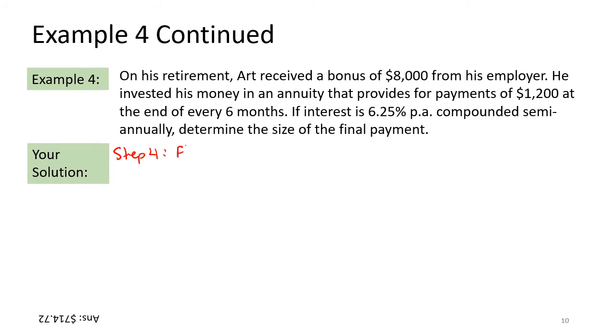So that means it's the future value, and I use n because this is an ordinary simple annuity, and it's equal to the payment times 1 plus the periodic interest rate to the exponent n, minus 1, divided by the periodic interest rate. So it's equal to the payments, which is $1,200, times 1 plus the periodic interest rate, 0.03125, to the exponent 7.